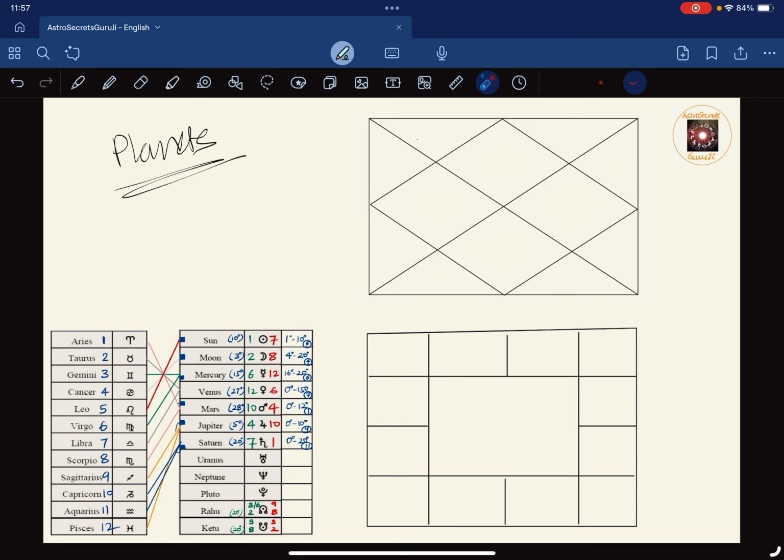Mars and Saturn are basically malefic in nature. Sun basically is malefic, but since Sun plays a major role in a Kundli, it's a mildly malefic planet, not a full malefic planet like Mars and Saturn. So that is how you differentiate.